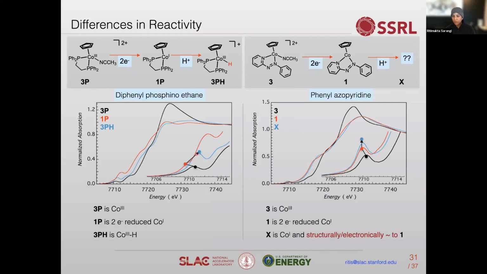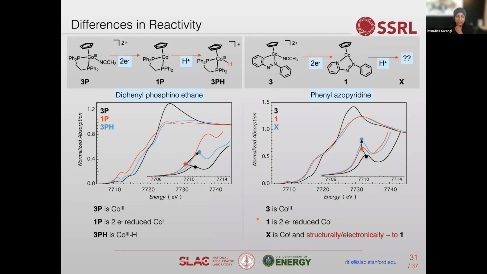So I'm going to drop the XAS spectra for both of them. You start with cobalt-3, you do a 2-electron reduction, and you go right back to cobalt-3, which is what we are saying is the cobalt-3 hydride. In this system, you start with cobalt-3, you do a 2-electron reduction, and you stay cobalt-1. So the protonation is happening, but your molecule stays cobalt-1, yeah?